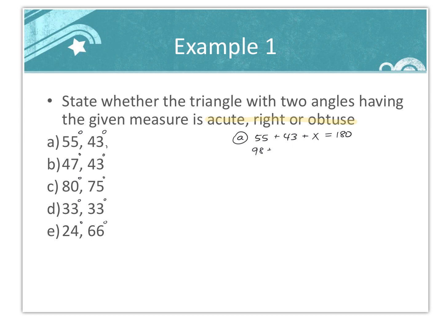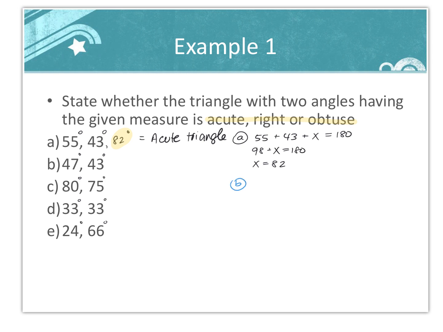So 98 plus x is 180, and when I subtract 98 from both sides, I get 82 degrees. So my third angle is 82. Now I'm going to look at all three angles and select the largest angle. That's the 82, and since 82 is an acute angle, this must be an acute triangle. And that's how we do the math here.